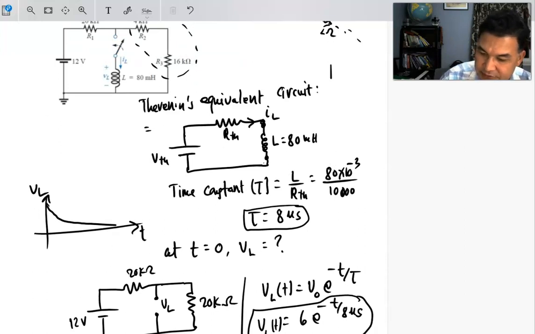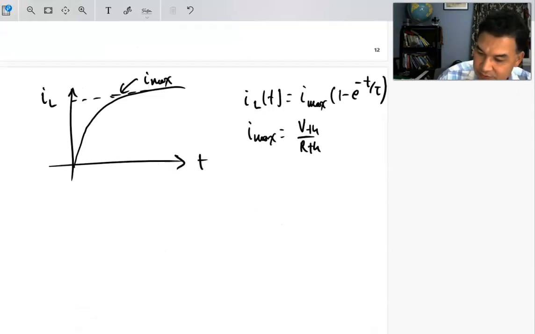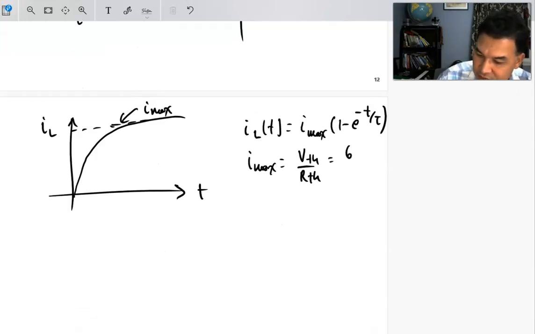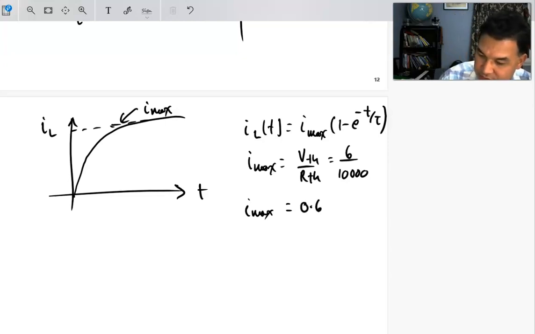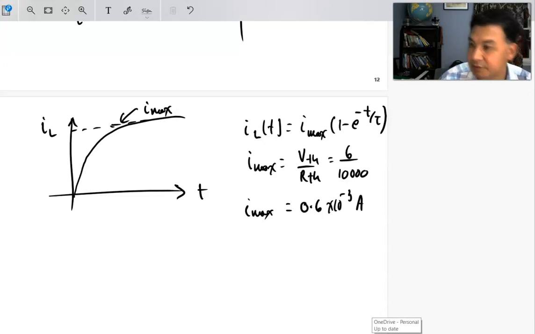This is the maximum current because the inductor will have zero impedance at maximum. Okay, so VTH was 6 volts and RTH was 10 kilo ohm, 10,000. So your I max is 0.6 milliamp, or 0.6 times 10 to the power minus 3 amp.